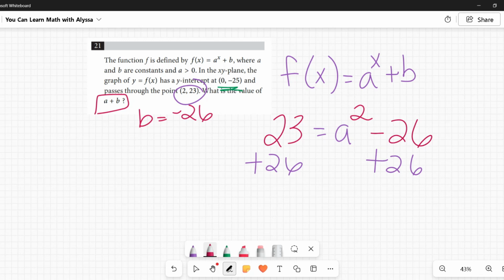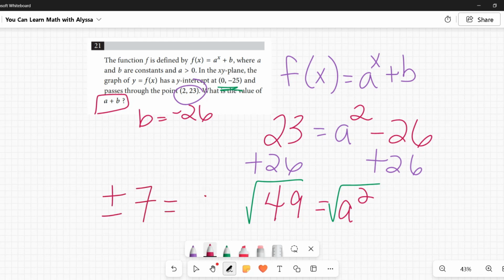So on the left, 23 plus 26 is 49, and that equals a squared because the minus 26 plus 26 cancels out. Now to undo that square, I'm going to take the square root of both sides. So I have the square root of 49 is plus or minus 7, and that is equal to a.